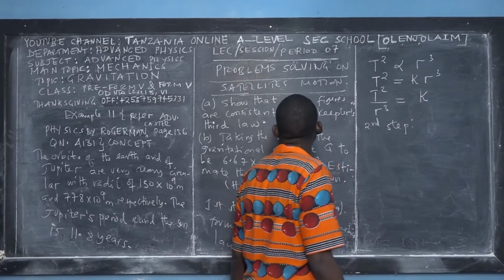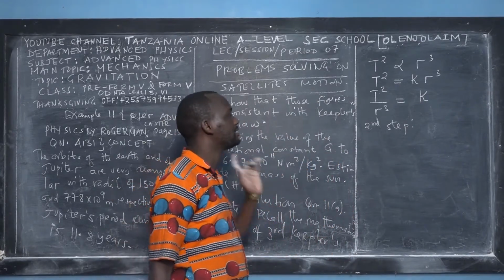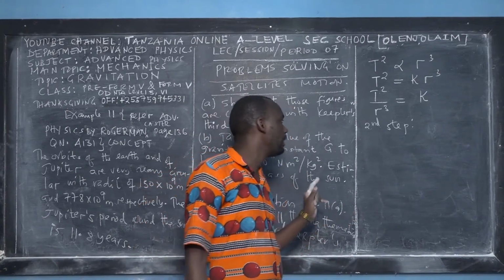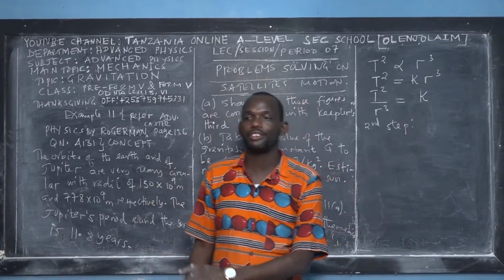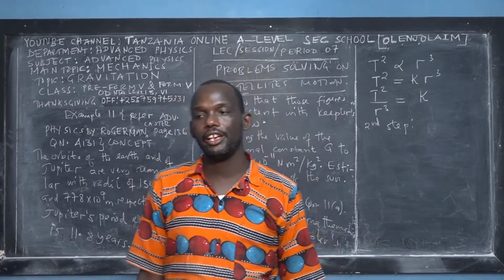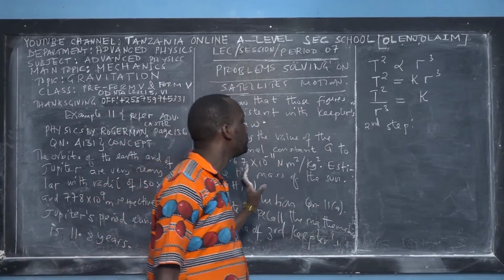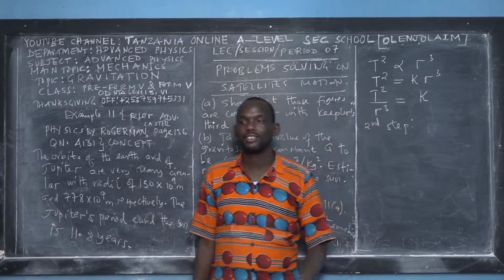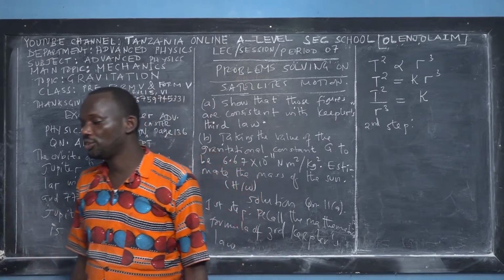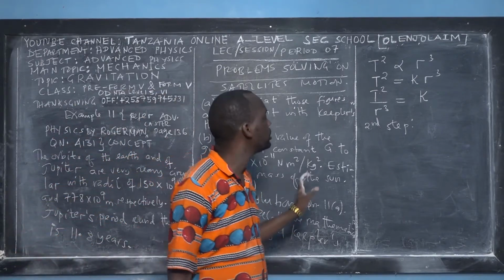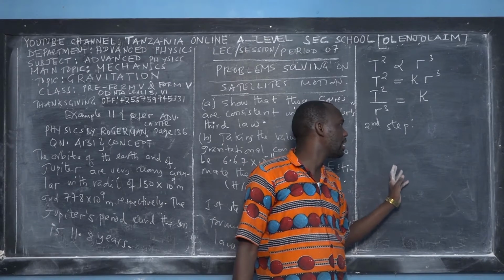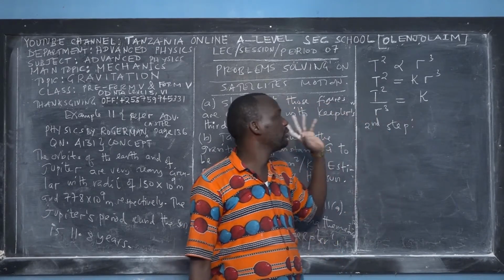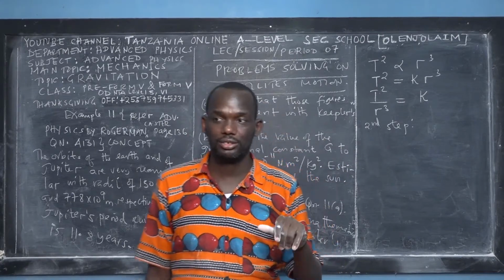Okay, so we go to the second step now. To show that these figures for Jupiter and Earth are consistent with Kepler's law, we calculate Kepler's proportionality constant using the period of revolution and the mean distance. We have to compute the value of the proportionality constant by using the period and the mean distance of the Earth.